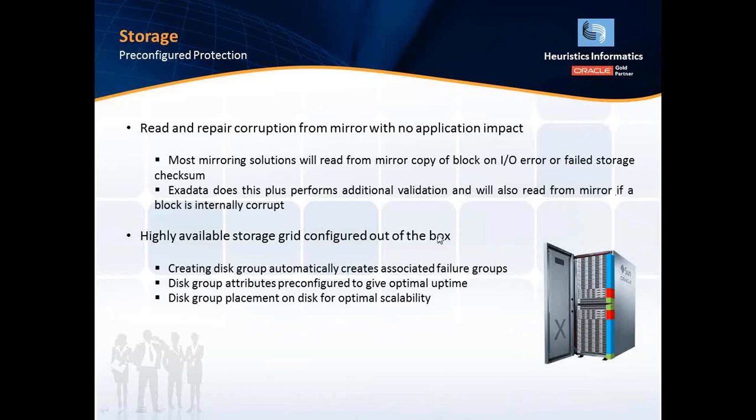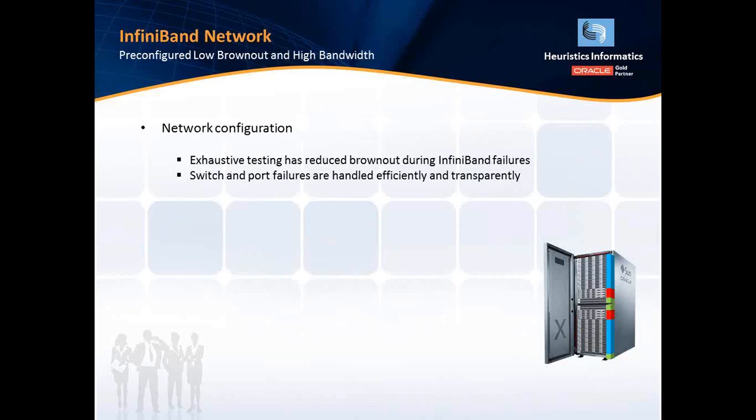In addition, ASM automatically ensures that the disk group placement on the disks themselves is done so as to provide maximum availability, maximum scalability, and maximum performance. So in terms of mirroring and striping, ASM on the Exadata storage cluster will give you probably the best possible configuration for an Oracle database.